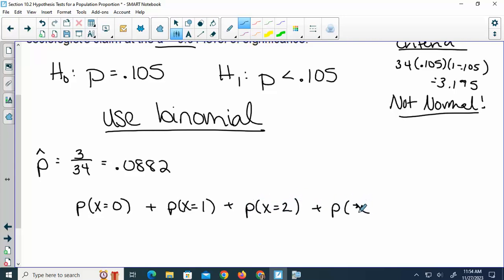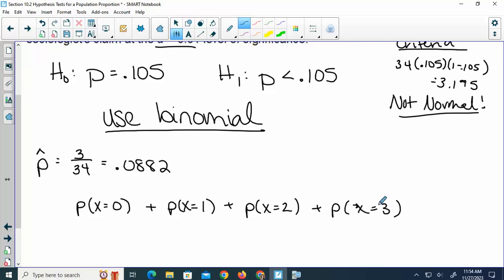I'm stopping at 3 because she had 3 in her sample. Okay. How do you do that on the calculator?